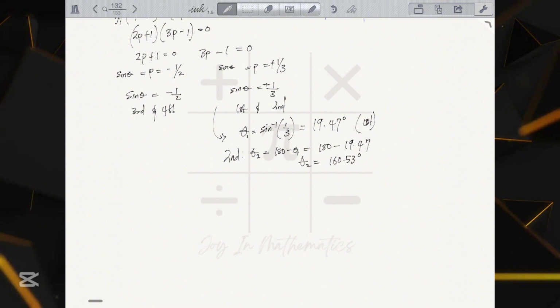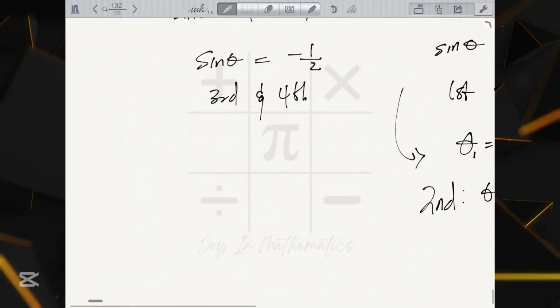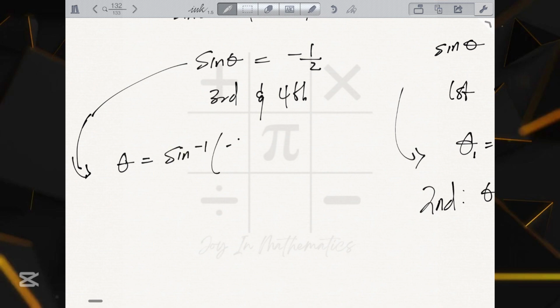Similarly, let's do the same thing here. Theta will be arc sine of minus 1 over 2. If we use our calculator to evaluate the arc sine of minus 1 over 2, we get minus 30 degrees.